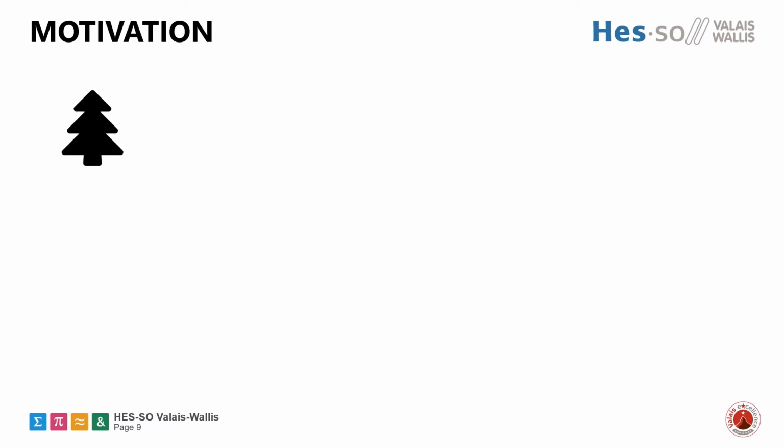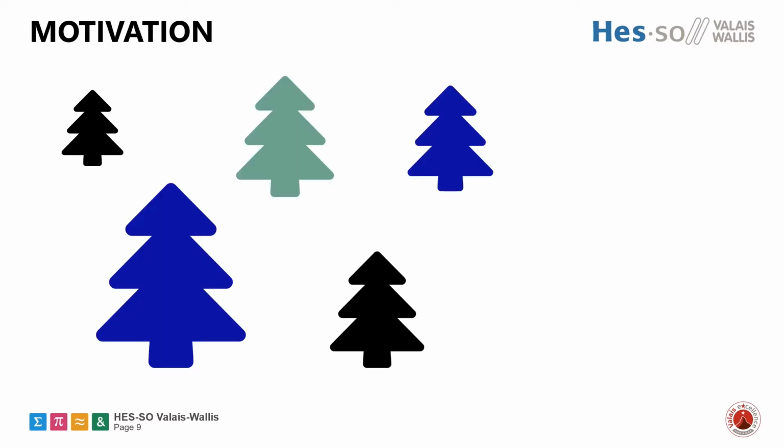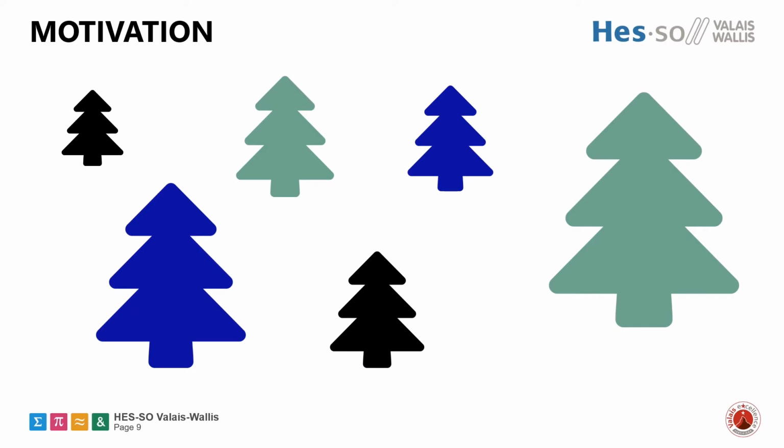So now that we are all set, we will create a forest. Now all the objects have been created. They have all different sizes and colors, and one object isn't the same as another one.